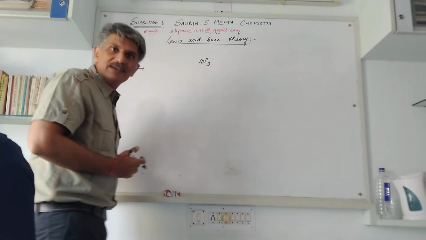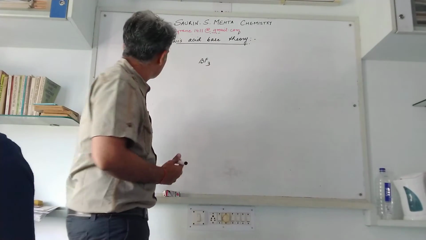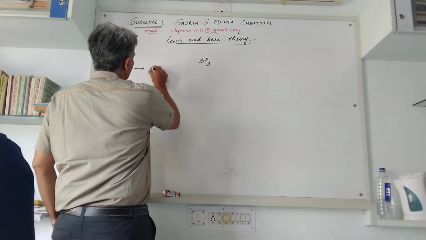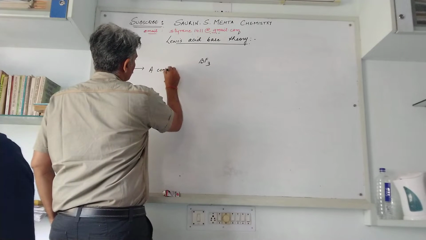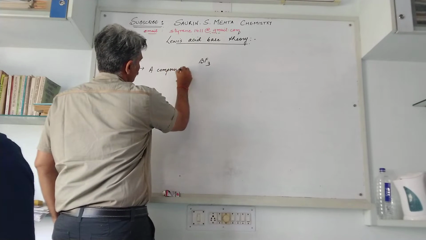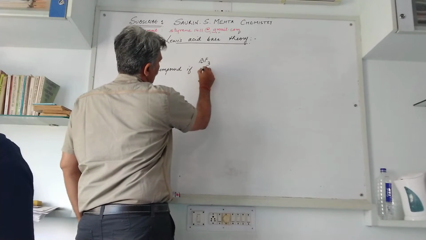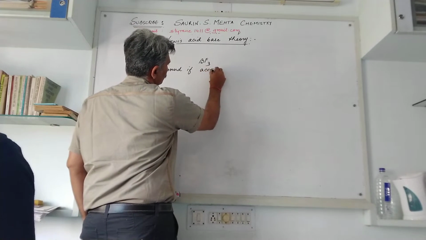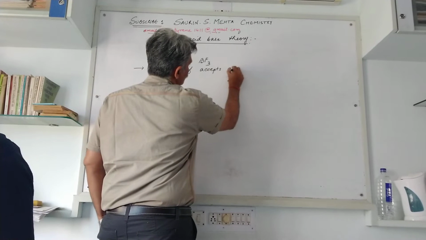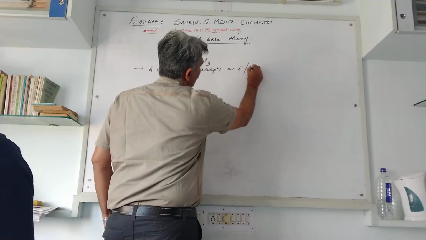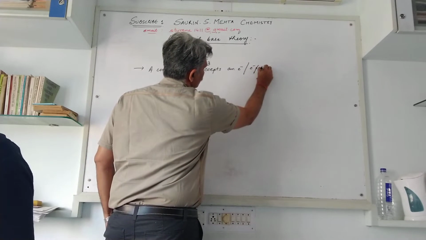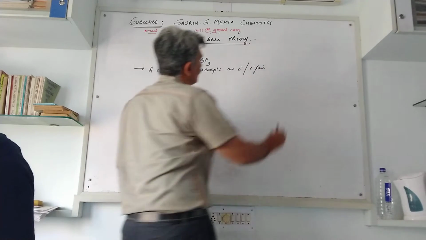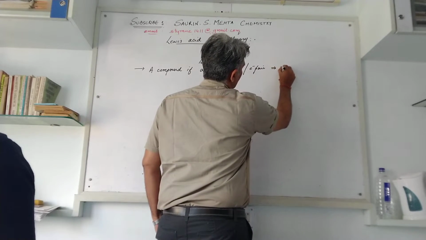According to Lewis acid-base theory, a compound, if it accepts an electron, or you can say electron pair, then it is an acid.